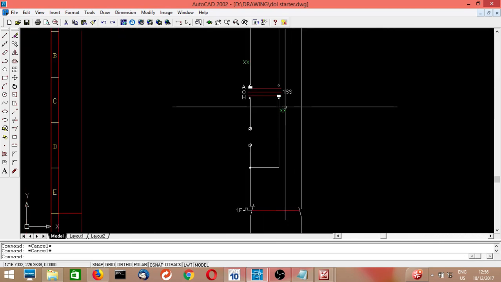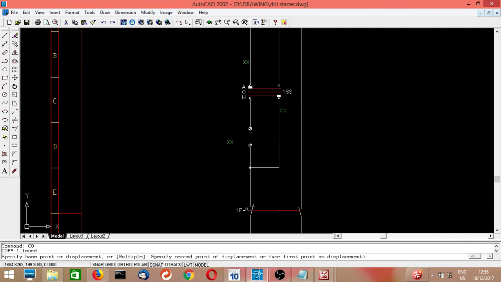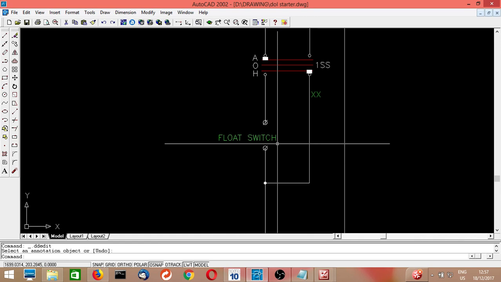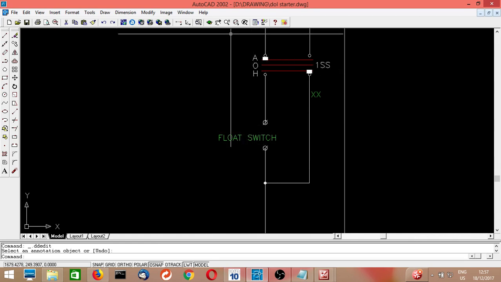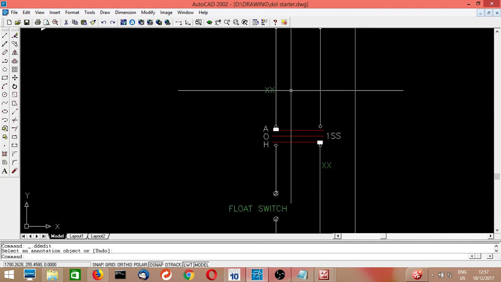Float switch. So if you connect a float switch in between this terminal, and if we keep the hand off and the switch in auto mode, current will try to flow through this side.